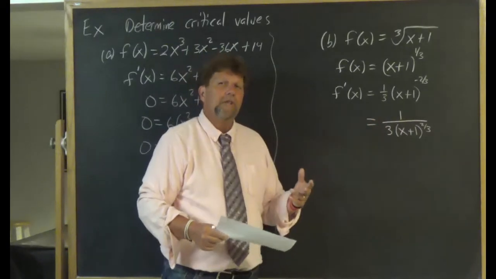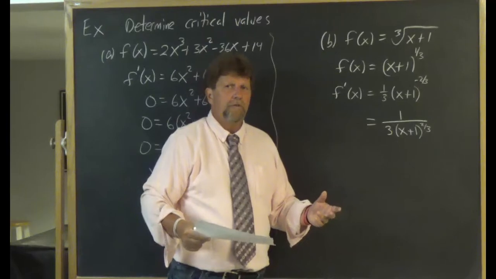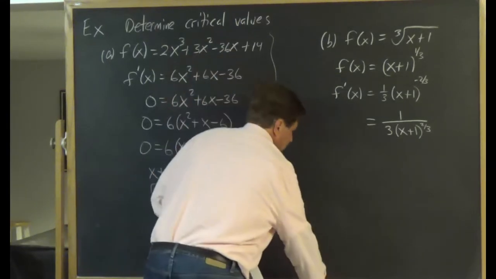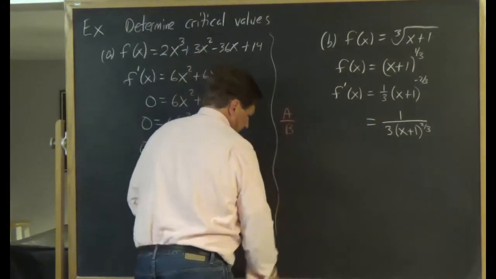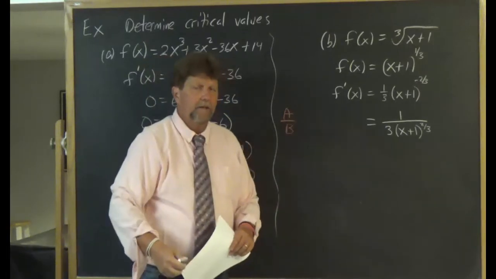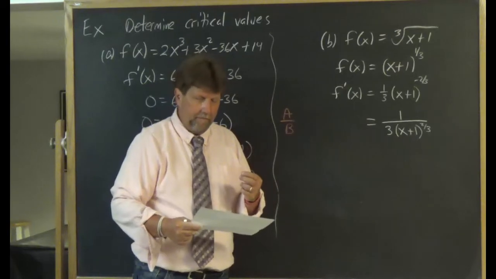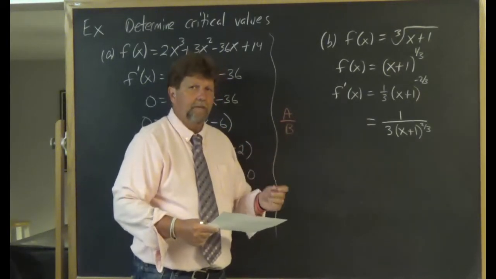My derivative looks like a fraction. I don't care what fraction you think of. So let me just generically say I'm thinking of the fraction a over b. It doesn't matter what the numerator and the denominator are. I'm making a general statement here.